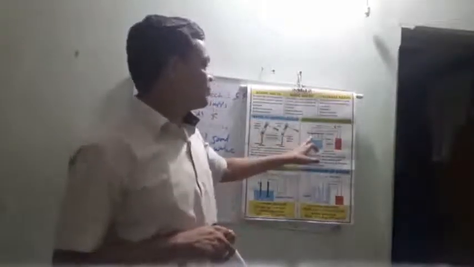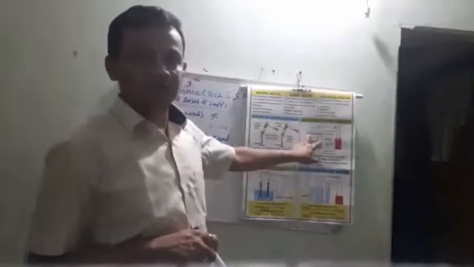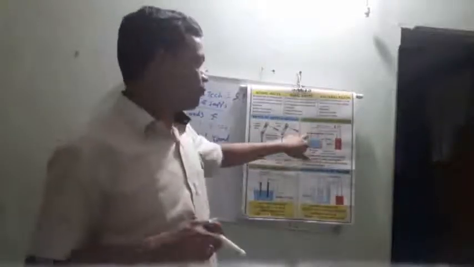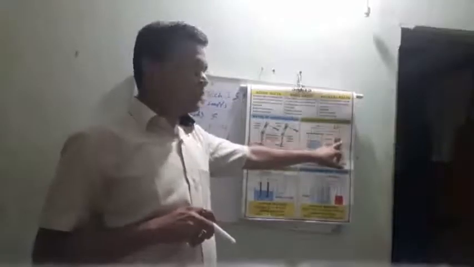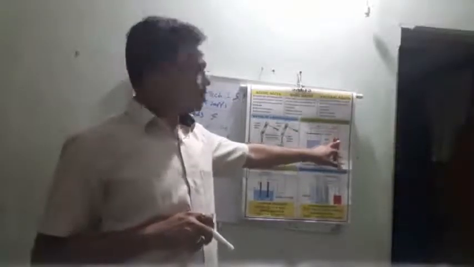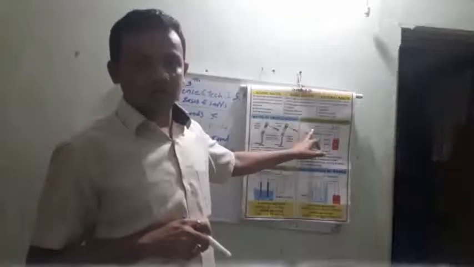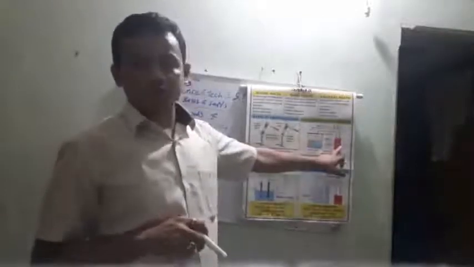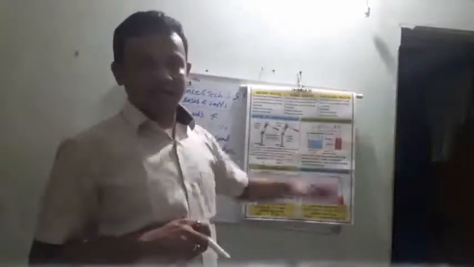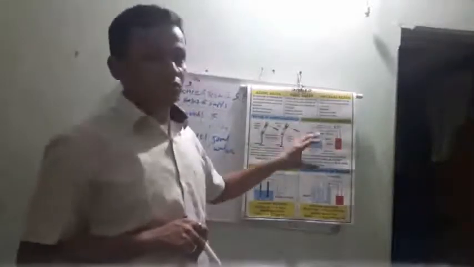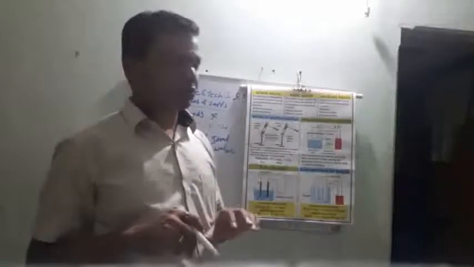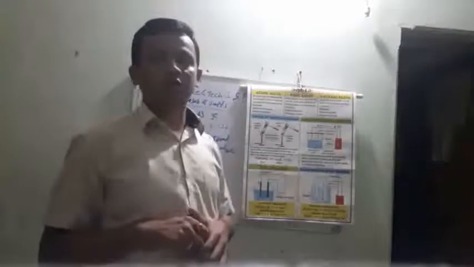So of these two wires which act as electrodes, the one connected to the negative terminal acts as a cathode, and the one connected to the positive terminal acts as an anode. Now there is one bulb with a switch. So you have to construct this apparatus in the way shown in the chart.